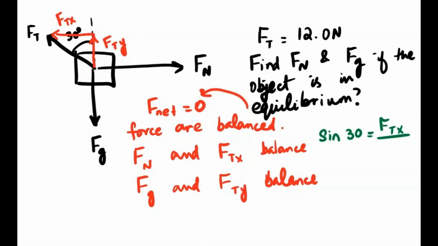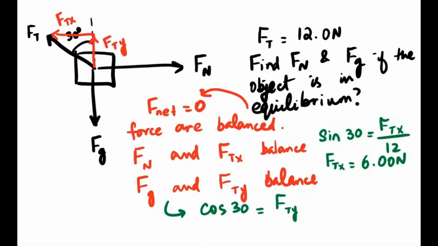So I'm going to use the right trig functions and solve for the x and y components of the tension force. And that will give me 6 newtons for the x component, and solving for the y component, I can rearrange the equation again and solve for Fty, and it will give me the answer of 10.4 newtons.